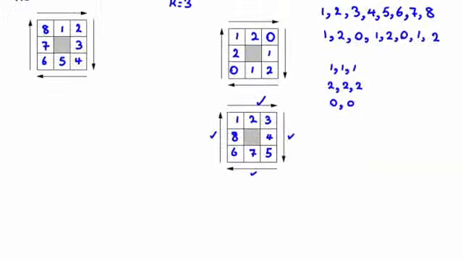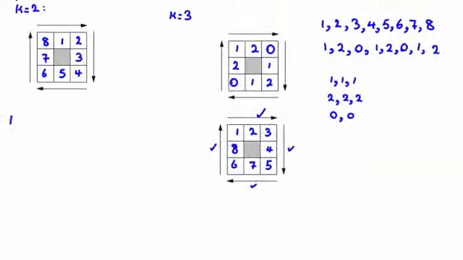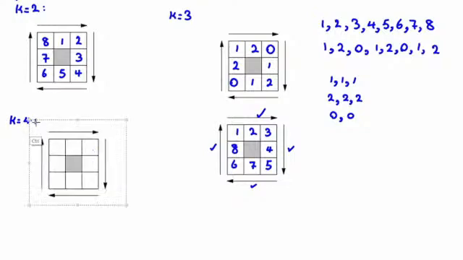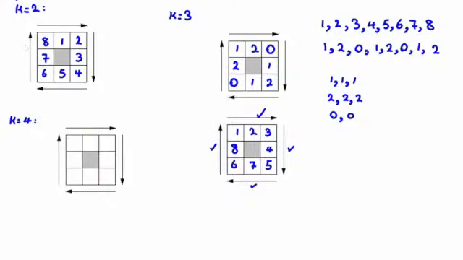If we check K4, here for K4, we know these places should be even, okay? Now it should be multiple of 4.